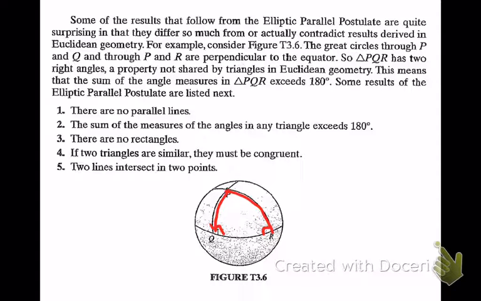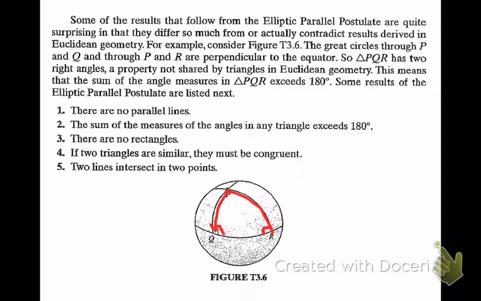Some of the results of the elliptic parallel postulate are: there are no parallel lines, the sum of the measures of the angles in any triangle exceeds 180, there are no rectangles, if 2 triangles are similar they must be congruent, and 2 lines intersect in 2 points.